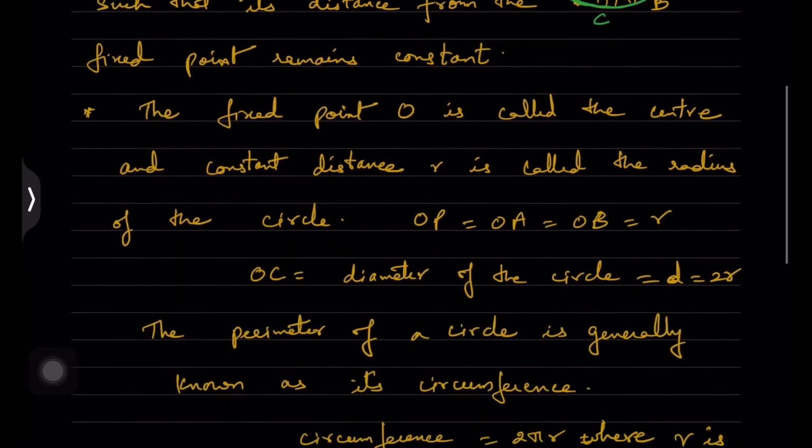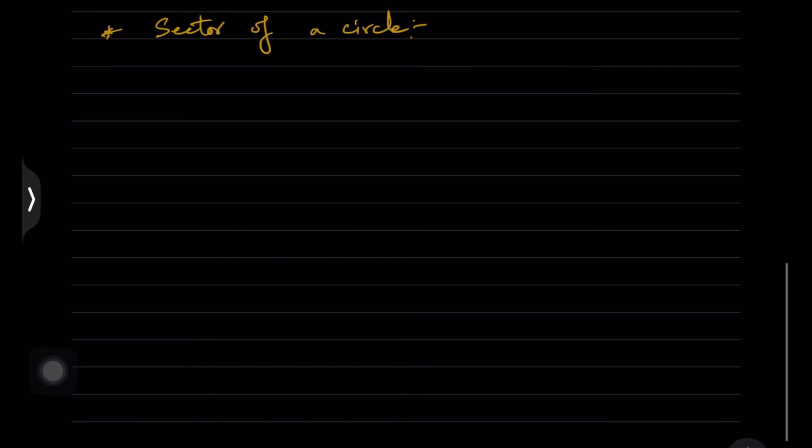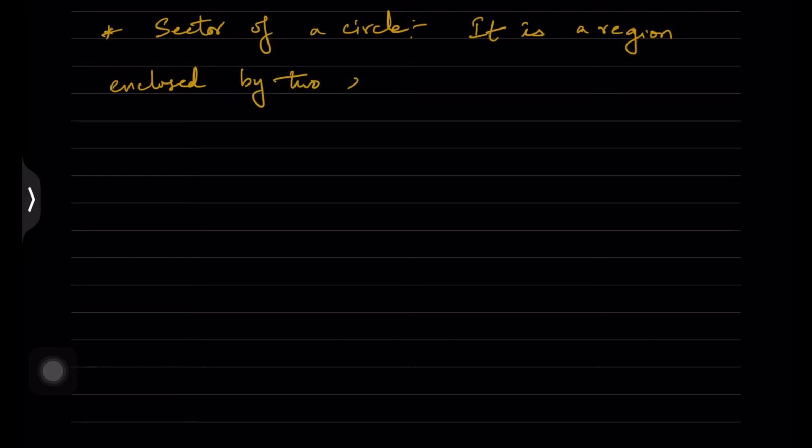So we'll just write down over here: a region enclosed by two radii and an arc of a circle.